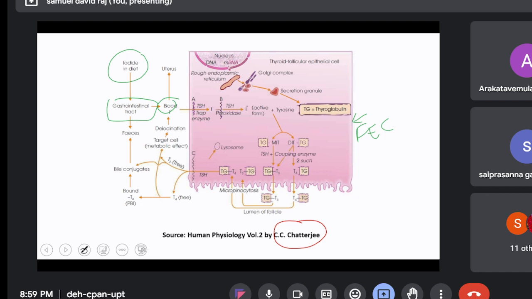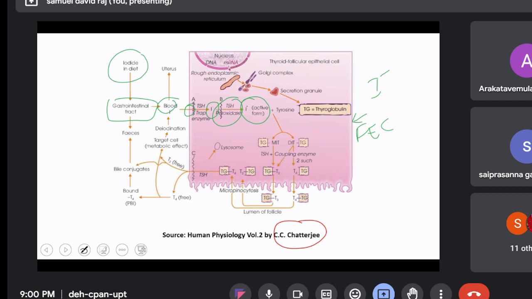Once inside, it goes through the iodine pump as iodide only. After getting into the follicular epithelial cells as iodide, in the presence of peroxidase and H2O2, which donates oxygen, it gets oxidized to form the active form of iodine.